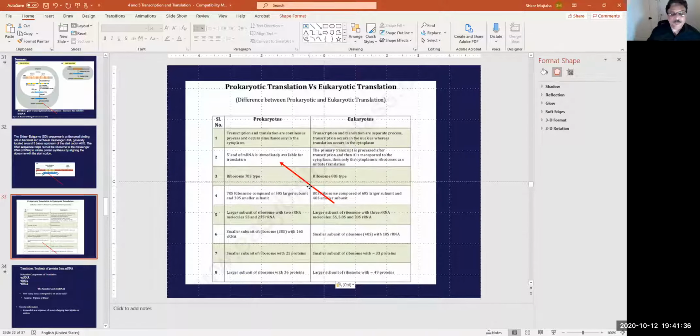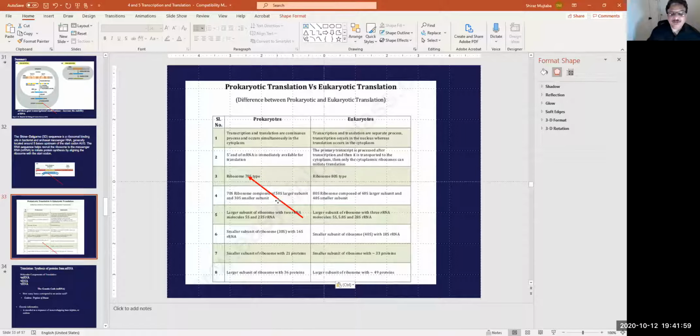In prokaryotes, the 5' end of mRNA is immediately available, meaning there is no capping, as compared to eukaryotic mRNA, which has to undergo capping, polyadenylation, plus splicing.